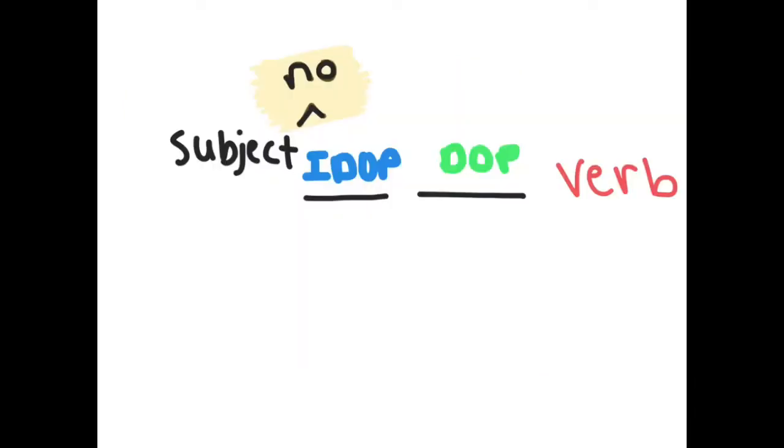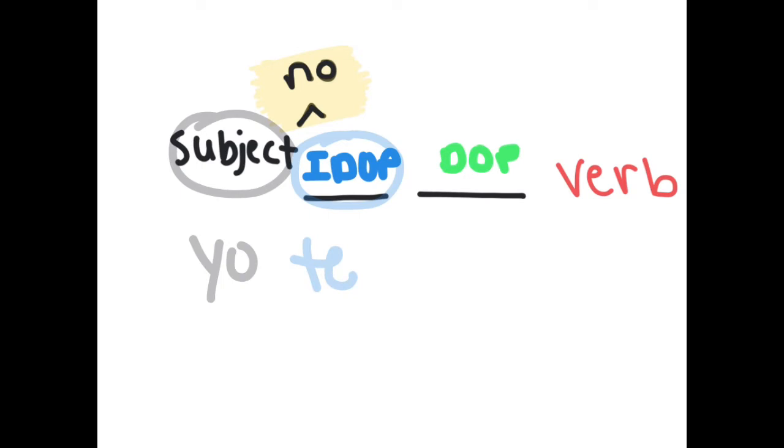So here's kind of the sentence frame. You first would start out with your subject, for example, yo. Then if you are saying I do not do something, or if you need the no, then the no would go next. But that's not always needed. Next would be the IDOP. So that could be something like te. Then you need the DOP, which, as I said, Jordan will go over, but that can be something like lo.